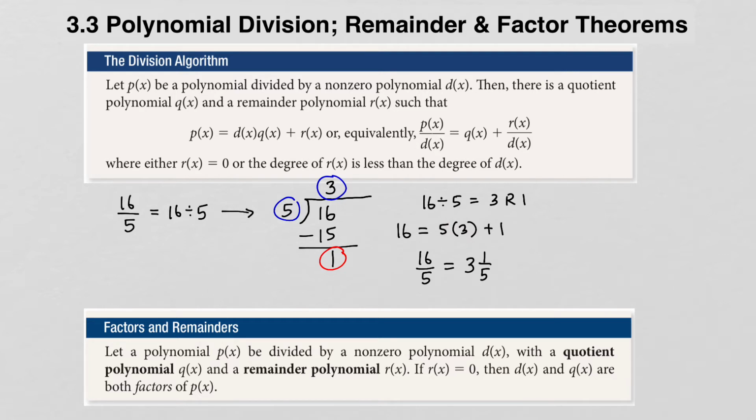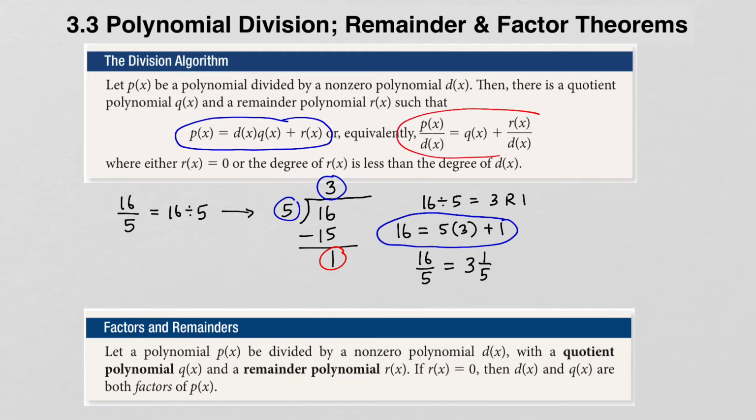And finally, 16 divided by 5 is an improper fraction. You can express it as a mixed number by using what we did here. So that is what we're talking about in this case. Okay, so that one is this, and then this one here is this.